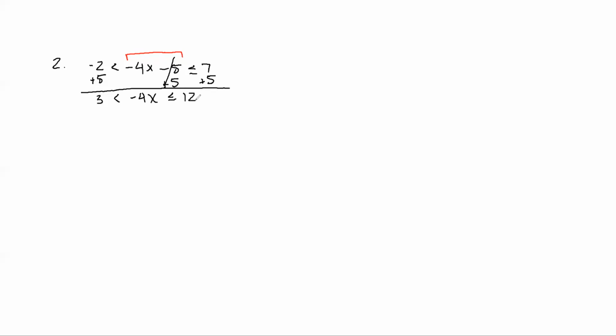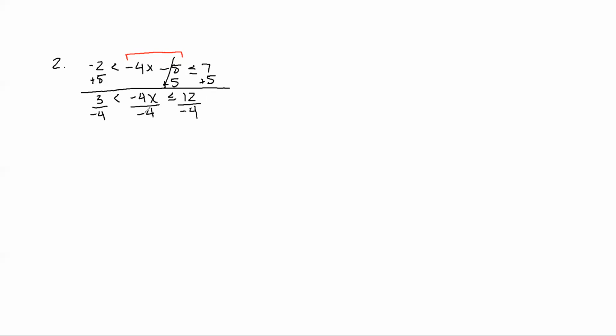And now see what we have in the middle here, we have a -4x. To get the x by itself, we're going to divide all three sides by -4.